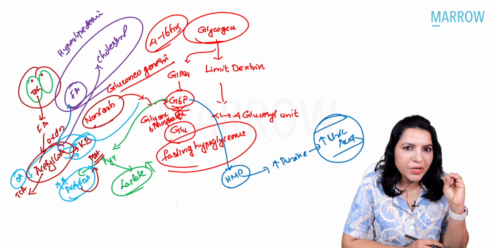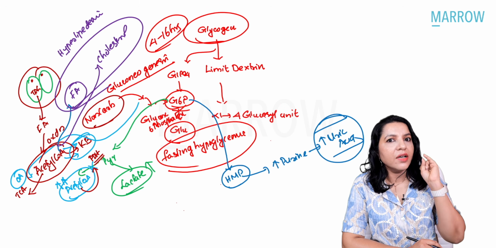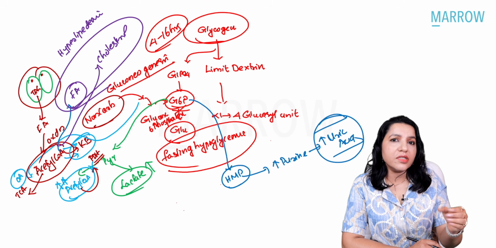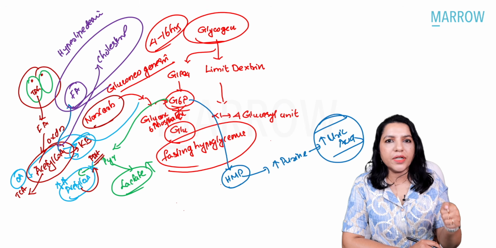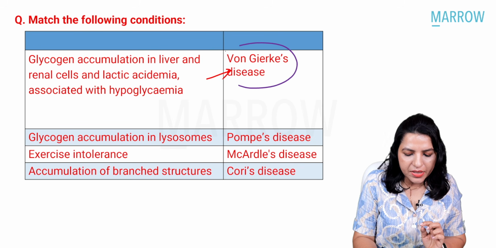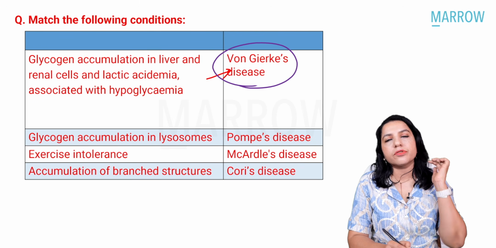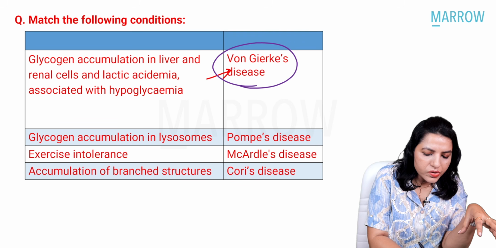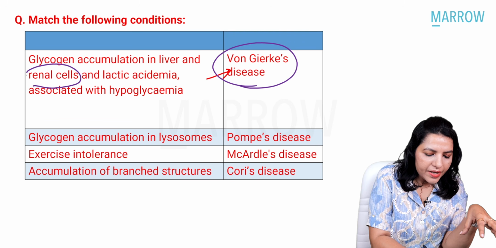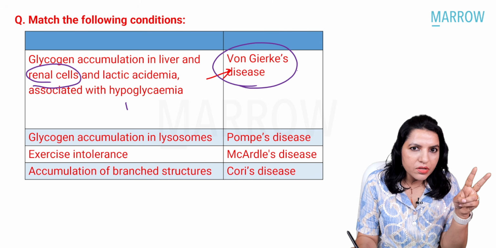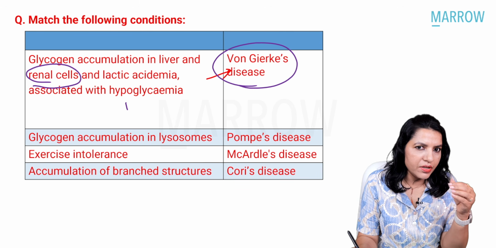So which are the biochemical hallmarks? Hypoglycemia, then lactic acidosis, hyperuricemia, then we have seen ketosis, and finally hyperlipidemia. So going back to this question, in von Gierke's disease, or type 1 glycogen storage disorder, all these clinical features are seen. Also seen is renomegaly. In von Gierke's disease there are two visceromegalies, two organs where you can see megaly.